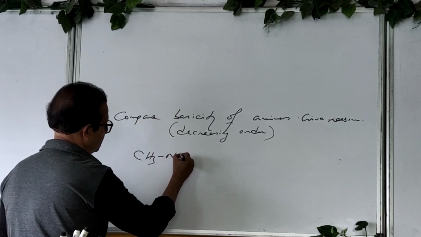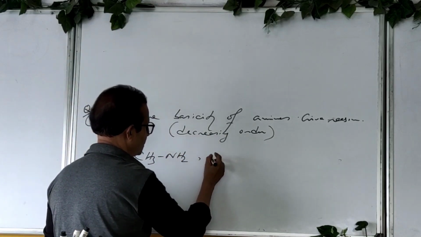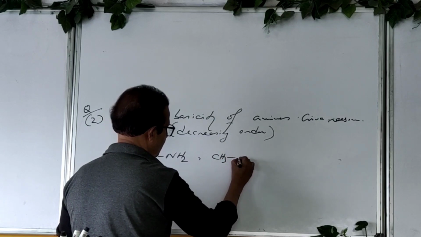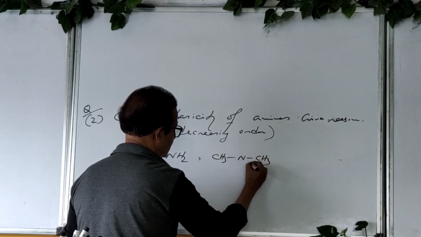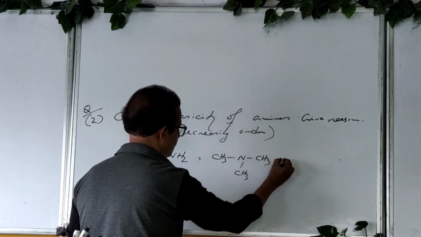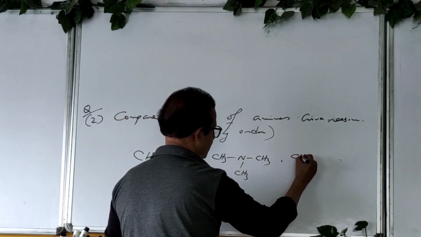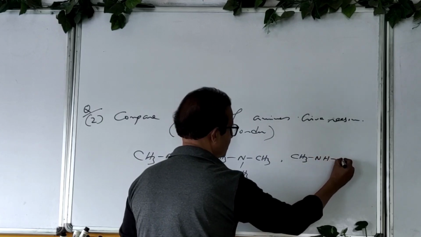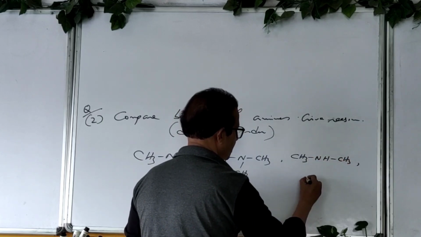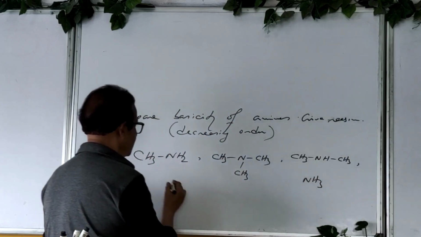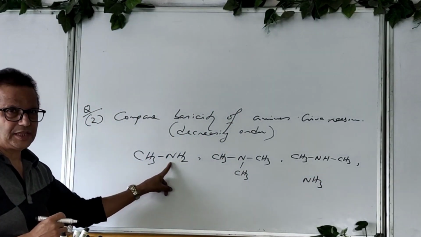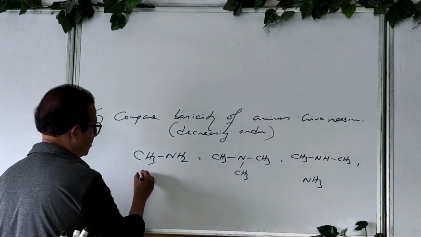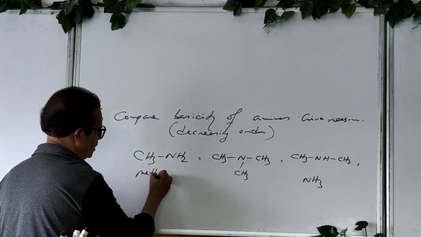Okay. So CH3NH2, CH3 N CH3 CH3 (that is (CH3)3N), (CH3)2NH, that is NHCH3 CH3, and NH3. This is methylamine. Always remember the name, okay? This is methylamine.